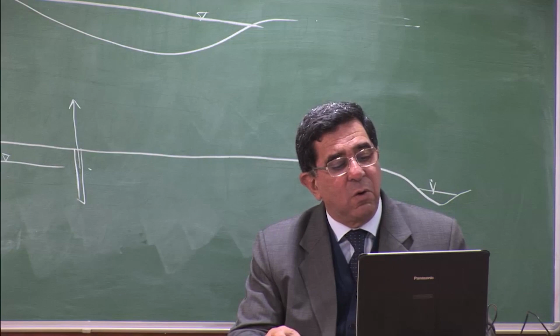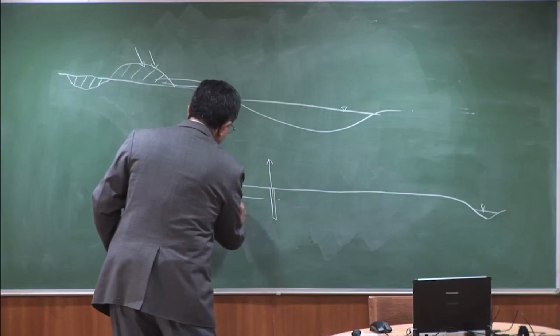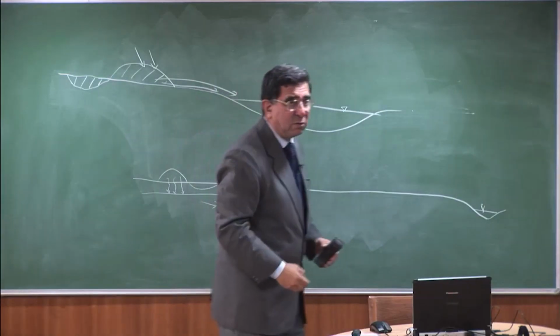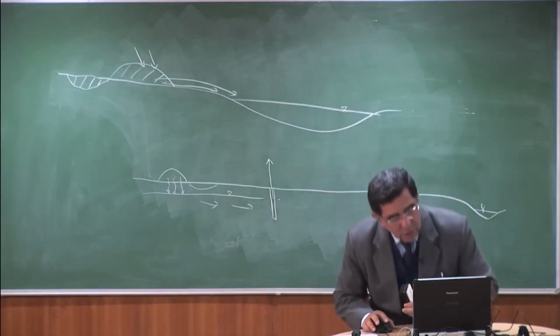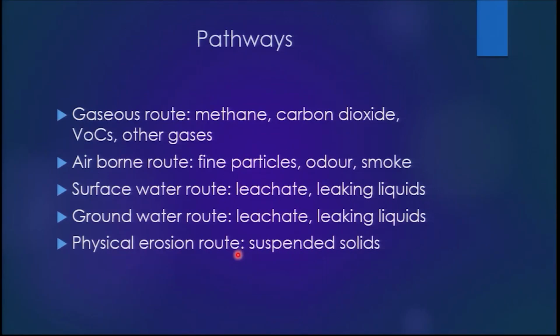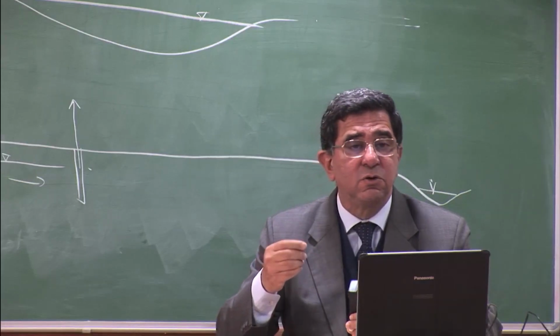Or you can have the groundwater route, or it can be both. Either way, here also the ground is going to be sloping towards the river Yamuna, so the groundwater table is going towards it. You can also have a physical erosion route, so a gaseous route, a liquid route, and a physical erosion route.